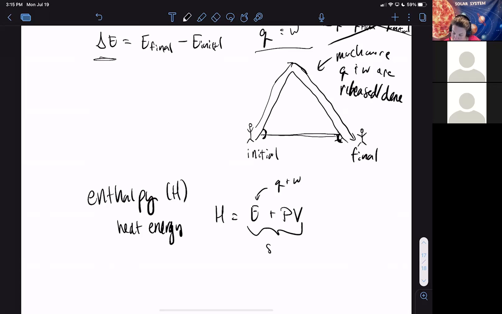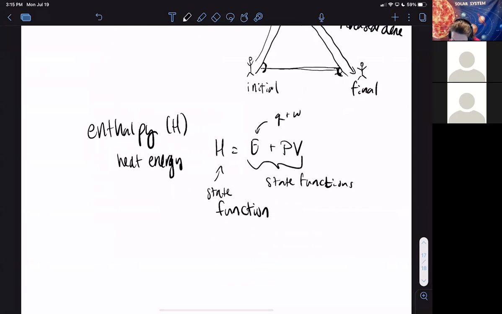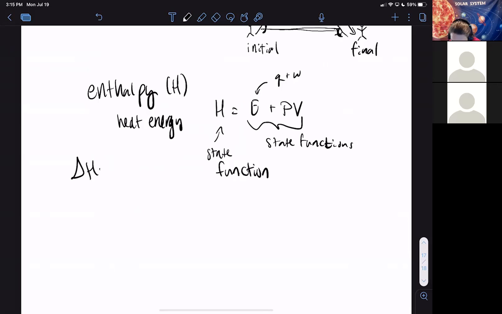These are all state functions. So volume, pressure, energy are all state functions. Therefore, enthalpy is also a state function. So we can use delta H is equal to H final minus H initial. Like I said, this is going to be our heat energy, our internal energy plus any pressure volume.